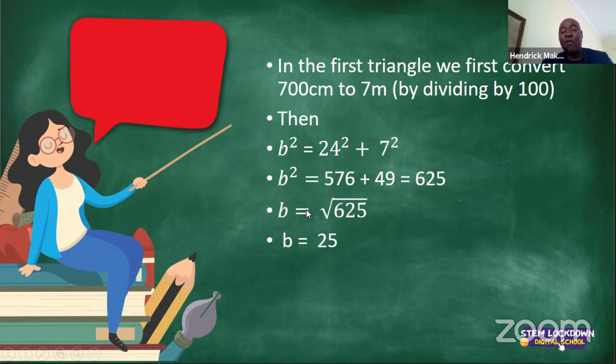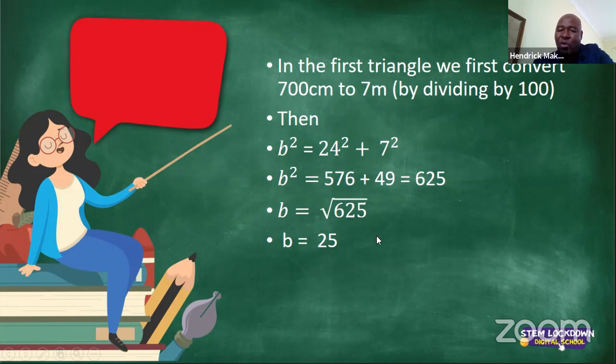Now what will be the value of b? To get b, you need to introduce the square root. The square root of b squared gives you b. Perhaps it's important to mention, from previous knowledge, that the square root of b squared is b. And whatever you do on the left-hand side must also be done on the right-hand side.